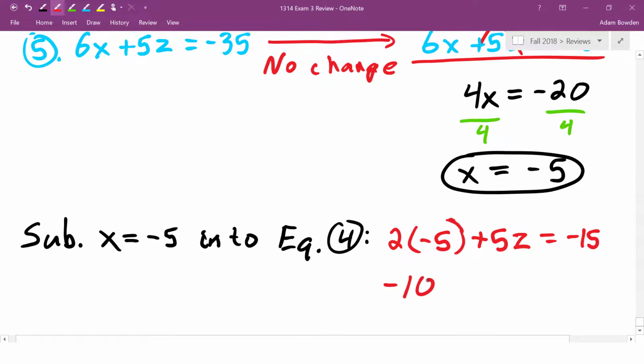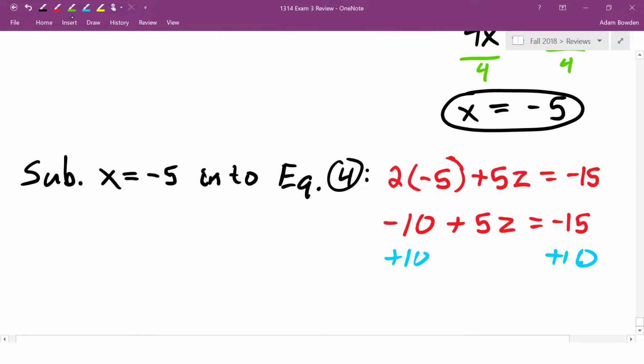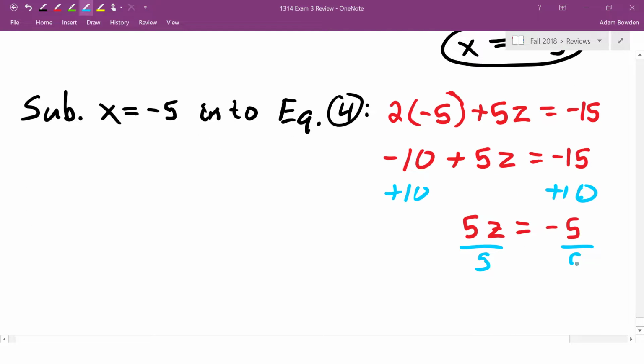That'll work out to be negative 10 plus 5z equals negative 15. We add the 10 over. It's going to look like 5z equals negative 5. We'll divide out the 5. And what we're going to have is z is equal to negative 1.